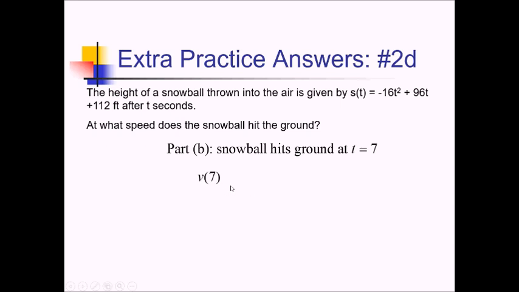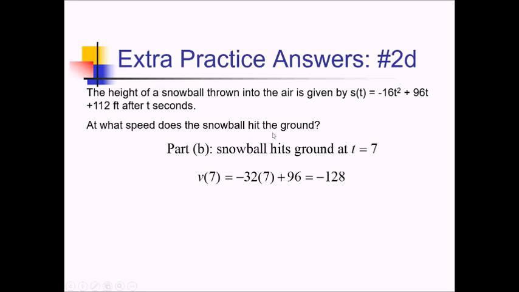negative 32 t plus 96. So this is going to be negative 32 times 7 plus 96, which is going to come out to, well, let's see here. 30 times 7 would be 210, plus another 14 for the 7 times the 2. So this is negative 224 plus 96. So that's going to come out to negative 128.